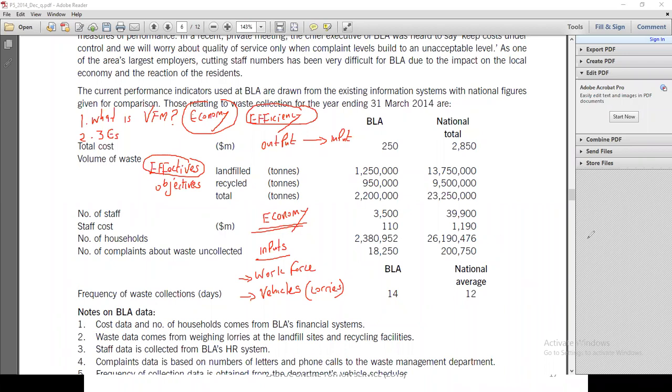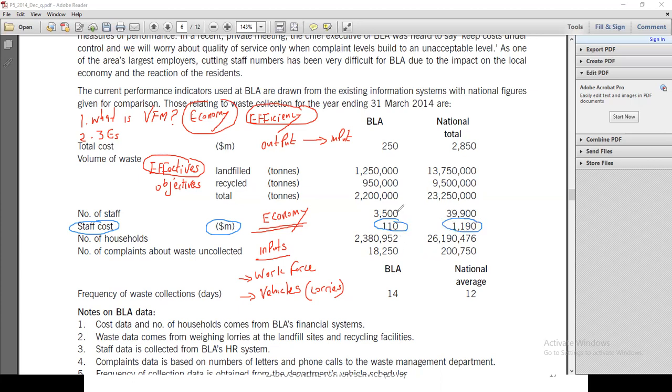And illustratively, we have been given a staff cost. The staff cost is here, it's in millions. For BLA, it's 110 million. At national level, 1190 million.